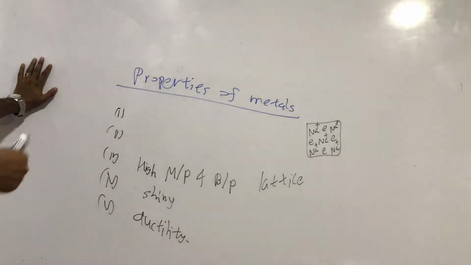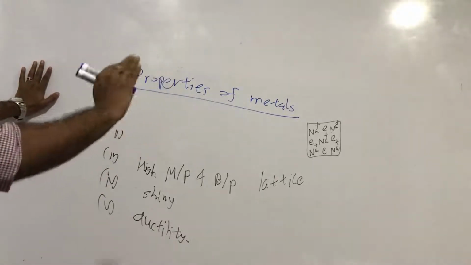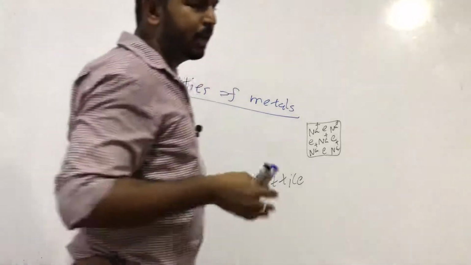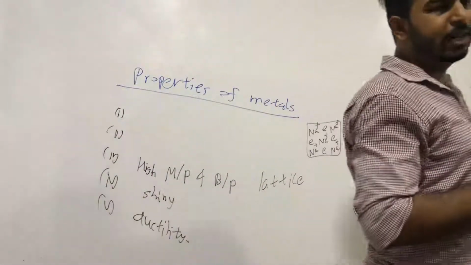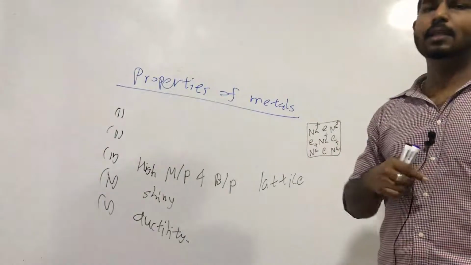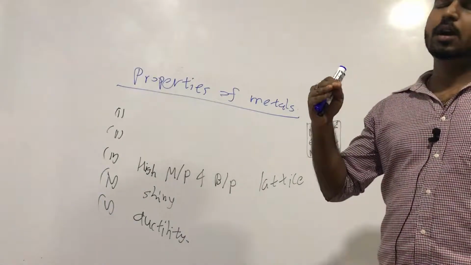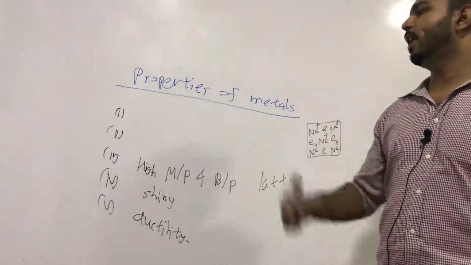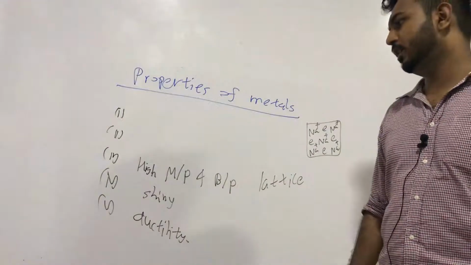Write within brackets: not all the metals react with acids to release hydrogen. Only metals of the reactivity series upper than copper will react with acids to release hydrogen.